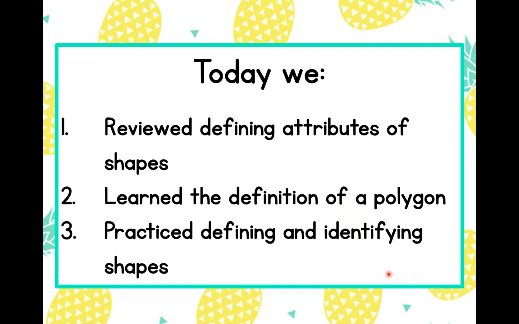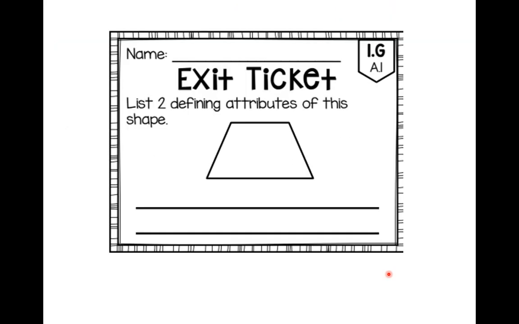Well, today, boys and girls, we reviewed defining attributes of shapes. We learned the definition of a polygon, and we practiced defining and identifying shapes. I would like for you guys to take a moment and complete this exit ticket. Normally we do these in class, but you can go ahead and just do this virtually today. Don't worry about getting a pencil or paper or anything.